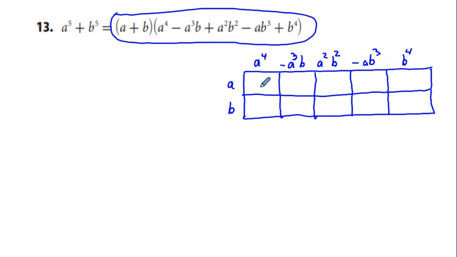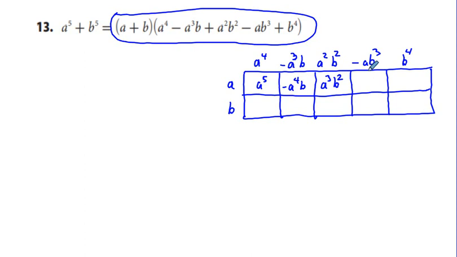So a times a to the 4th power is going to be a to the 5th power. And then a times negative a cubed b is going to be negative a to the 4th b. And then a times a squared b squared is going to be a cubed b squared.